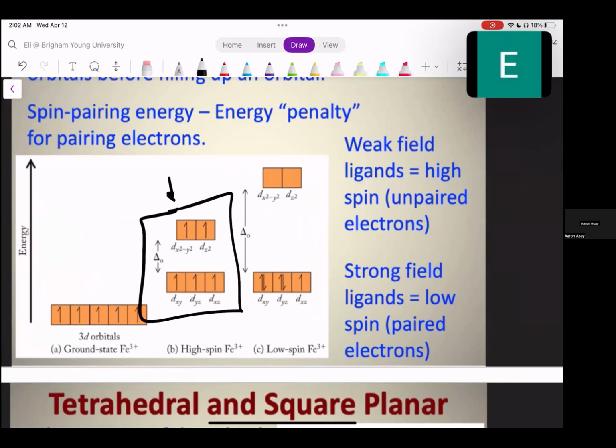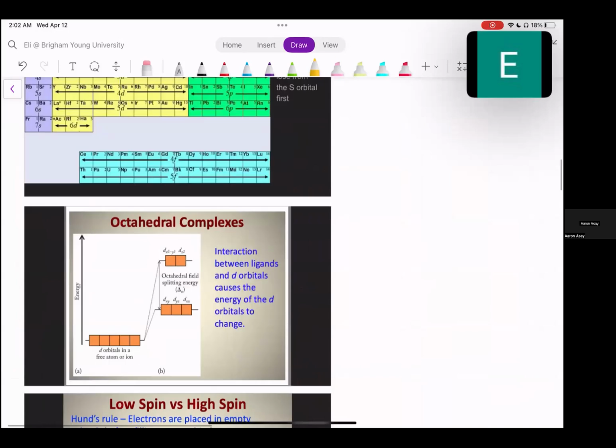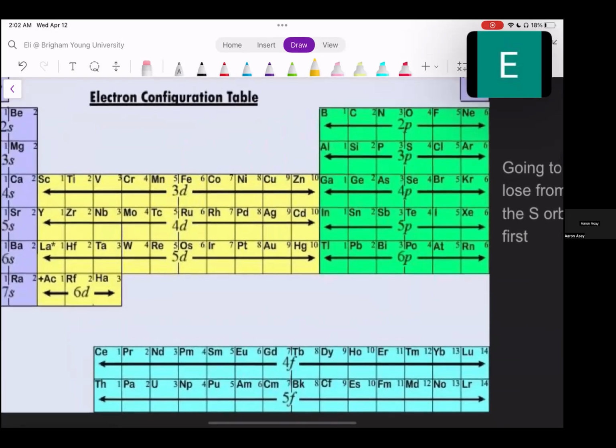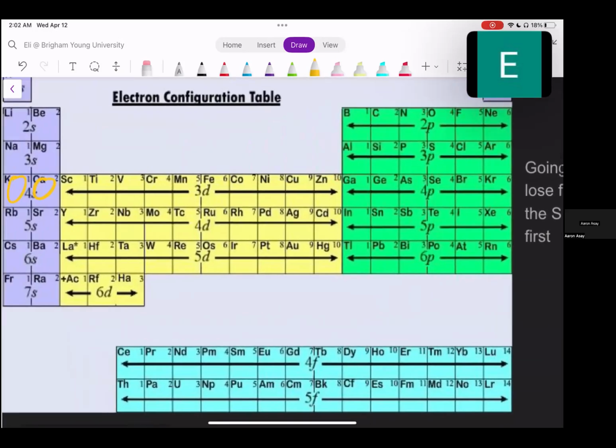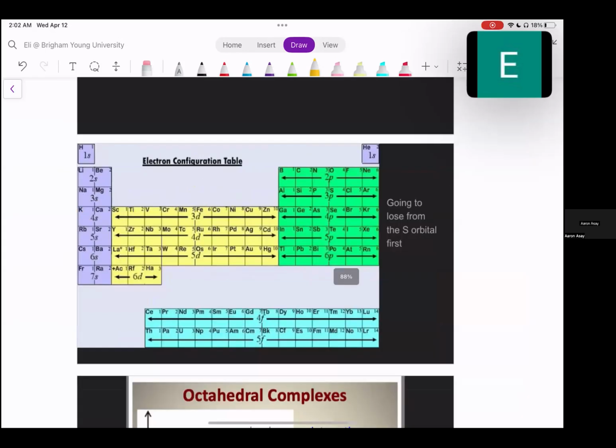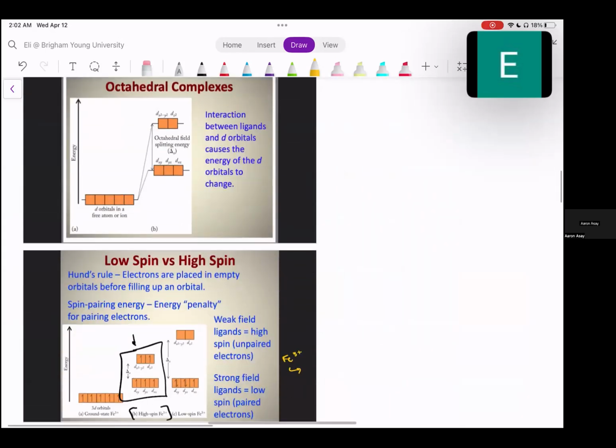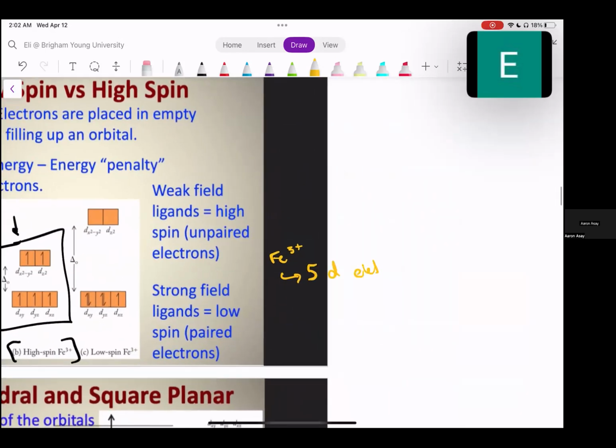So this is denoting a high spin iron, right? So we know that iron, Fe3 plus, we can go up here and check how many electrons it's going to have. So it's going to lose 1, 2, 3, so it's going to be on that 5, right? So we know it's going to have 5 d electrons.